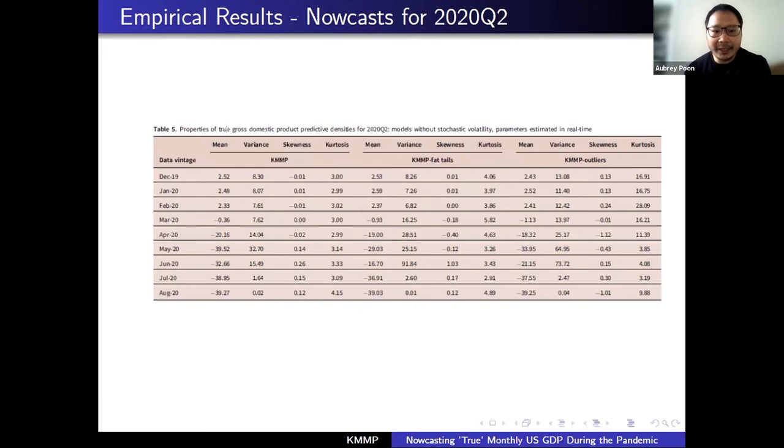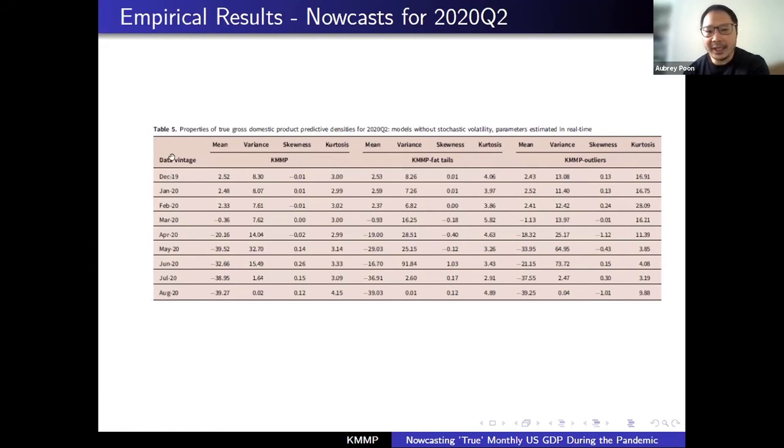Okay, so for the empirical results, we do a nowcast for each quarter of the 2020 year, but due to time constraints, I'm only going to show the results for the nowcast for 2020 Q2 and 2020 Q3, as those are probably the most extreme events.